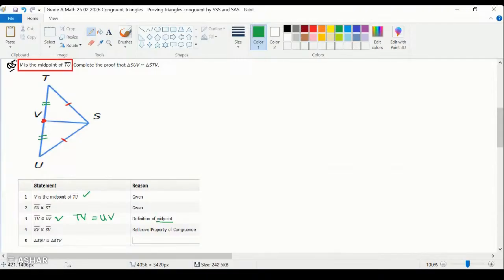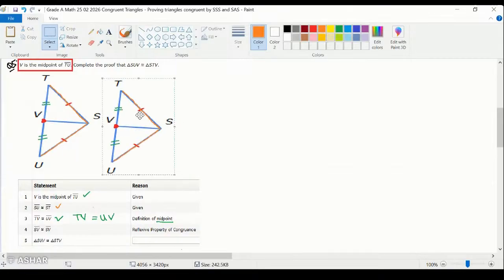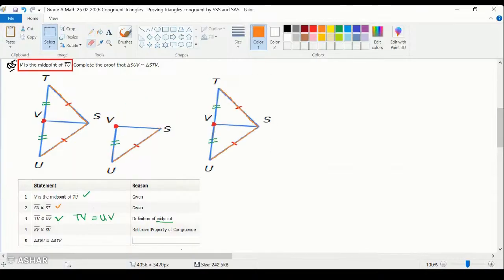The second part they are saying is the length of SU and TS is equal, right? Can we see a common side? I'll make this diagram again. Copy, paste. Let's erase this part. If this was the first triangle that was provided to us, and for the next one, let's remove the lower part.